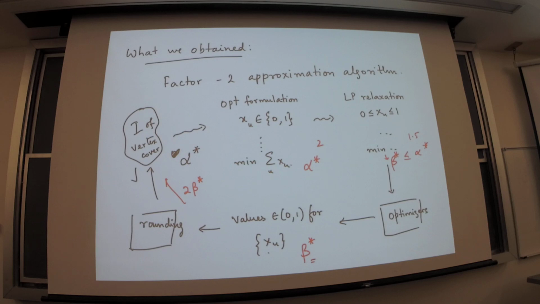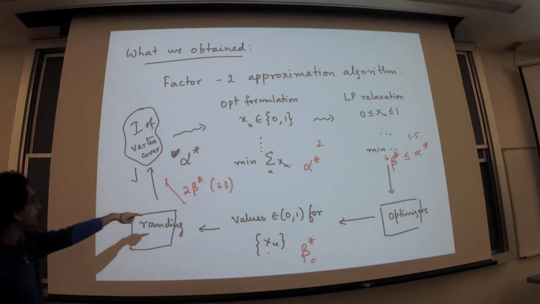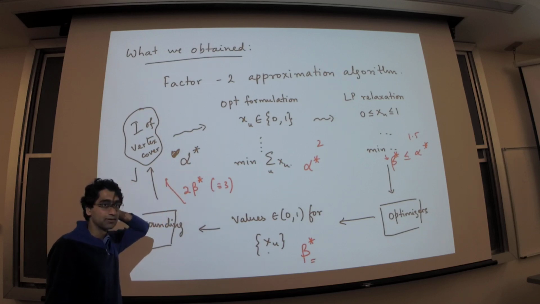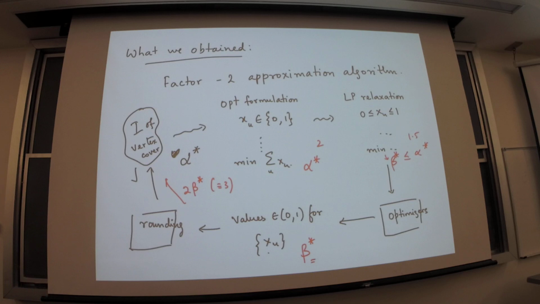In this example, 2 times beta star would be, for instance, 3. But in general, this is always smaller than or equal to 2 times alpha star. And this is exactly what we mean by a factor 2 approximation algorithm. If the optimum value is some alpha star, you produce a solution that is smaller than or equal to 2 alpha star. And this is exactly what we have done in this process.